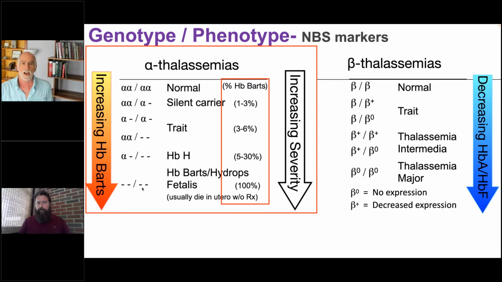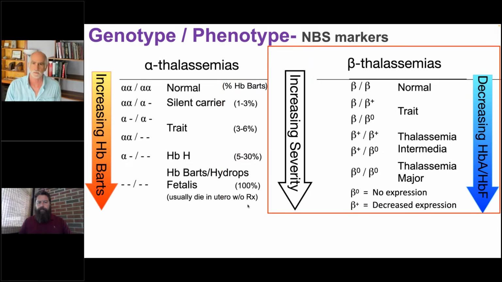As you delete more alpha genes, the amount of BARTs goes up. And these numbers vary depending on the testing procedure. But you delete more alpha genes, you have more clinical severity, more hemoglobin BARTs. For beta-thalassemia, you have two types of genes.